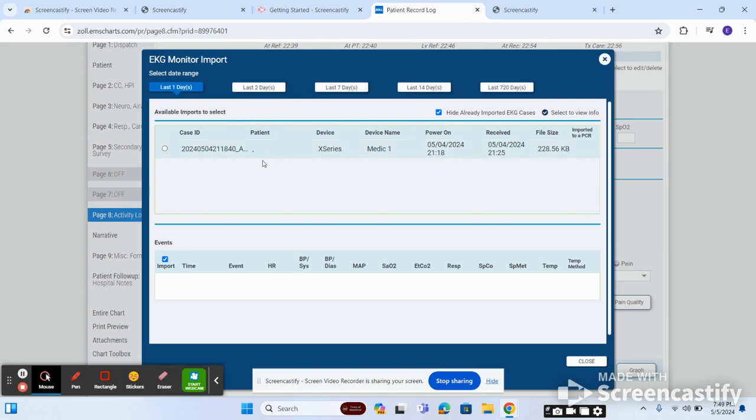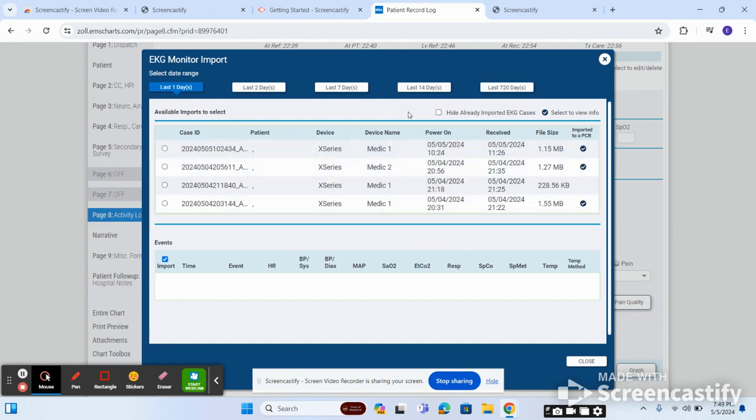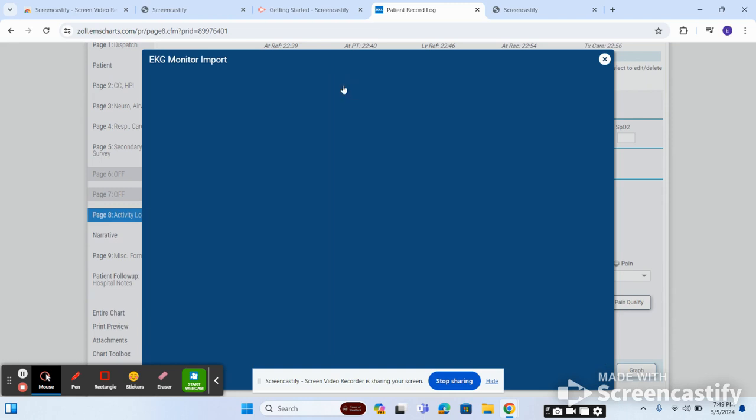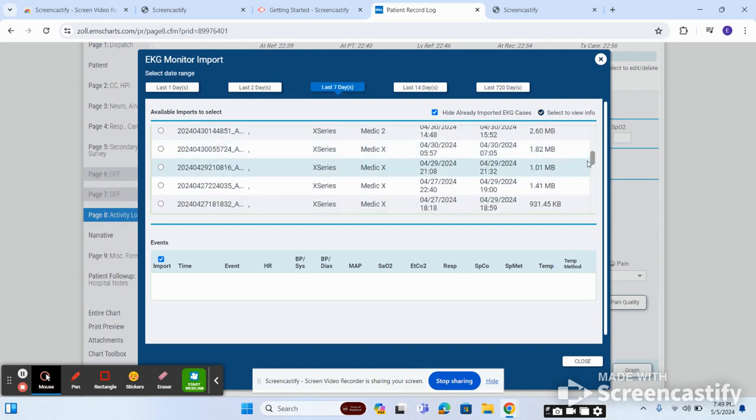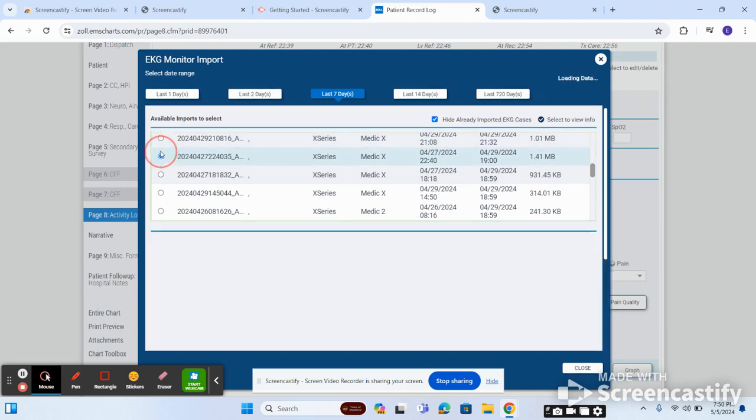So these are the current cases that are up right now, but I want to go to an older one. We're within the last 7 days, so we're going to come back to April 27th. And we want to do this 2240 one right here. So this will align with the times that we have in the chart already. So I'm going to select this right here.